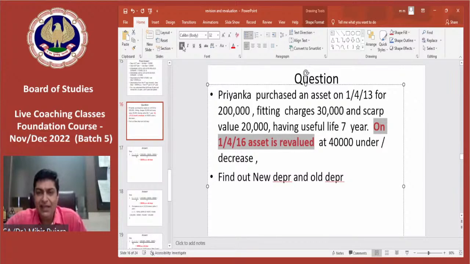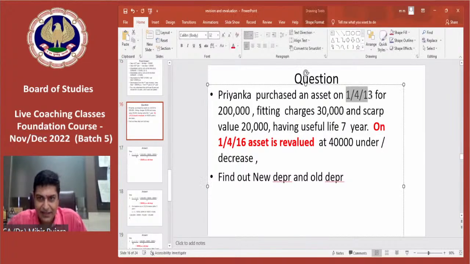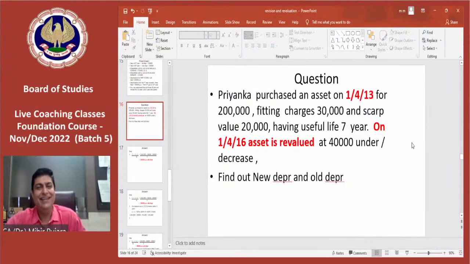So guys, tell me, after how many years are you revaluing? Date of purchase is 14-1-3. We are revaluing on 14-1-6. So we are revaluing after 3 years, guys.